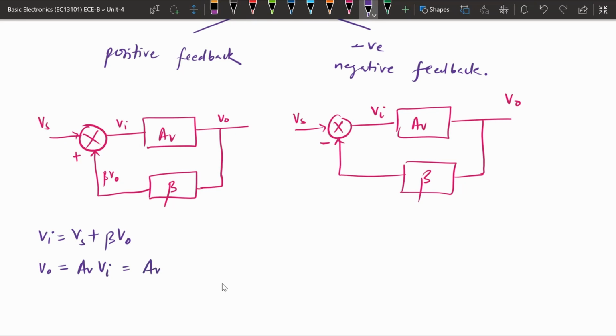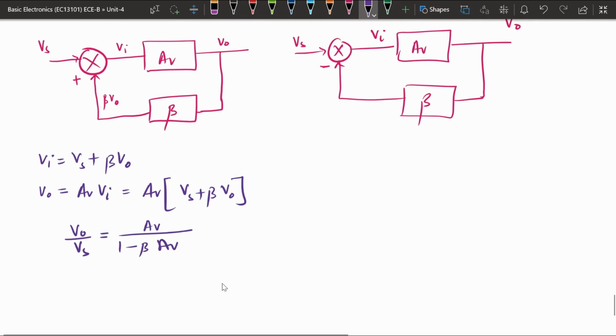So input is nothing but Vs plus beta times V naught. So from there, if we separate the V naught term and we write V naught by Vs, it will be coming out to be AV divided by 1 minus beta times AV.